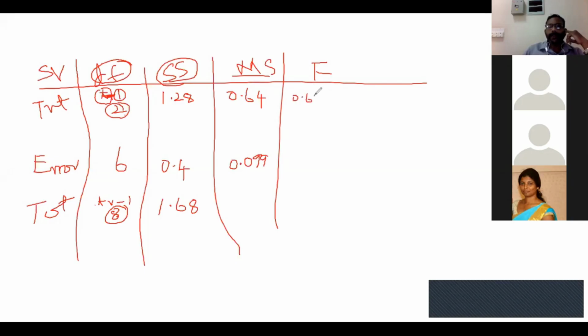Then what is the F value? 0.64 divided by 0.099. What is the F value? We will have a huge value. Tell me.